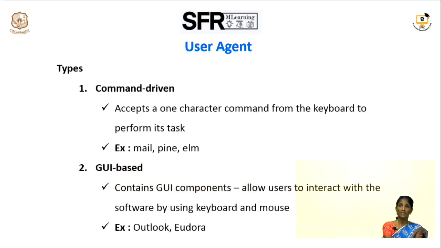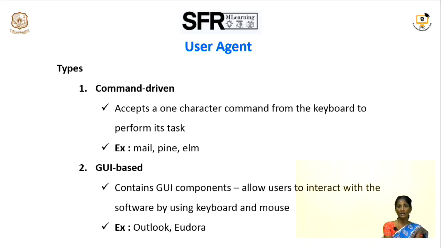Second is the types of user agent. How are we giving messages from sender to receiver? There are two types of user agent. First is command driven and second is GUI based. Command driven means at the prompt, from the keyboard, in order to perform a task, we have to give a one-character command on the keyboard.